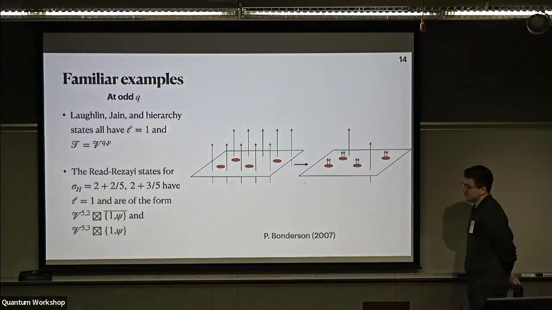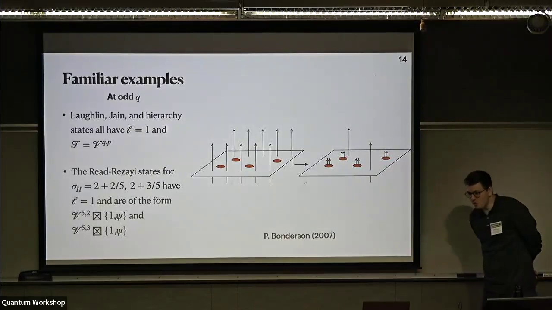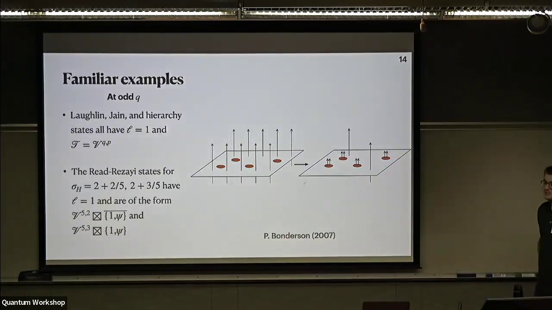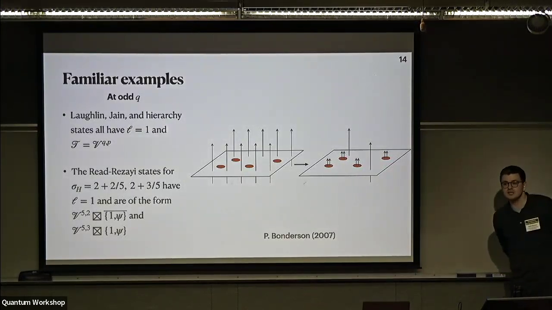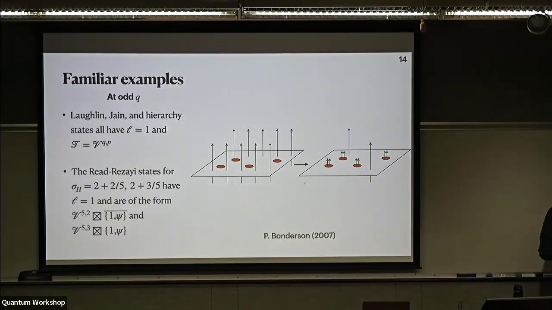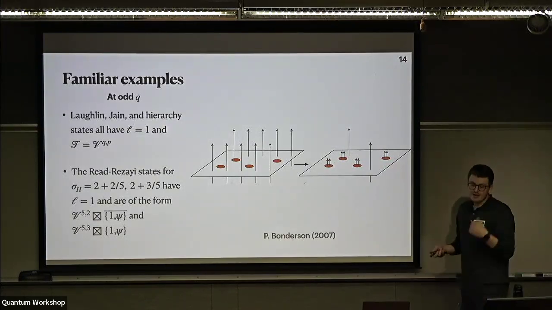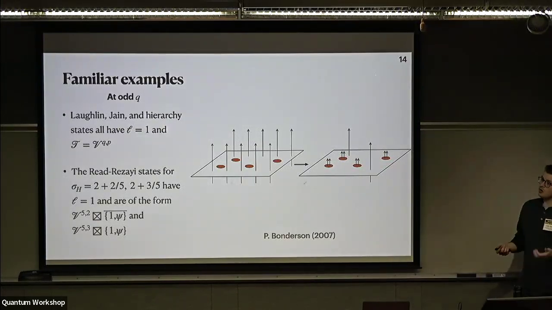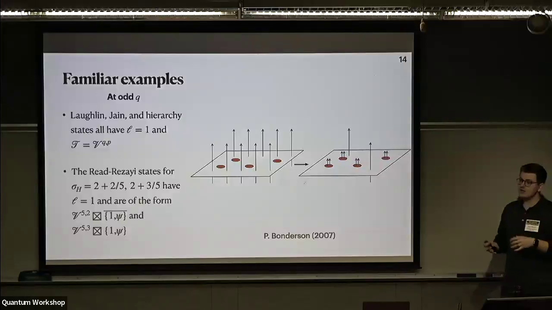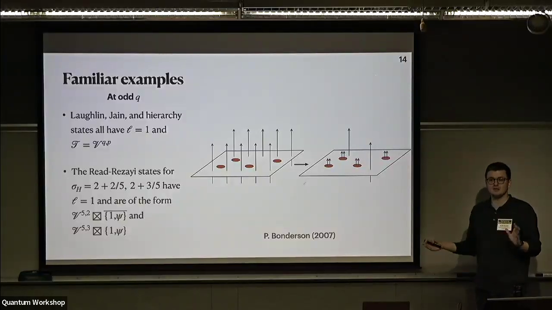Okay, so let me just go back and we'll look at some familiar examples at odd denominator to orient ourselves with this perspective. So say we look at Laughlin, Jain, hierarchy states. If we have an odd denominator, all of these have exactly the number of anyons equal to the denominator.